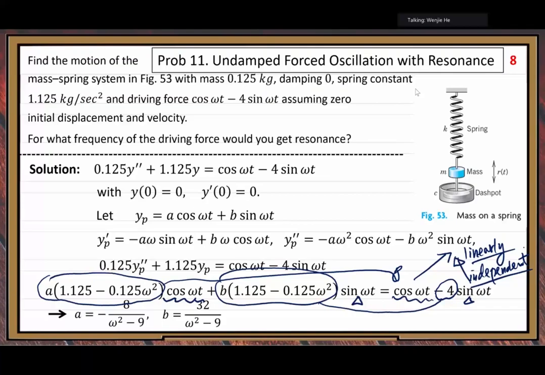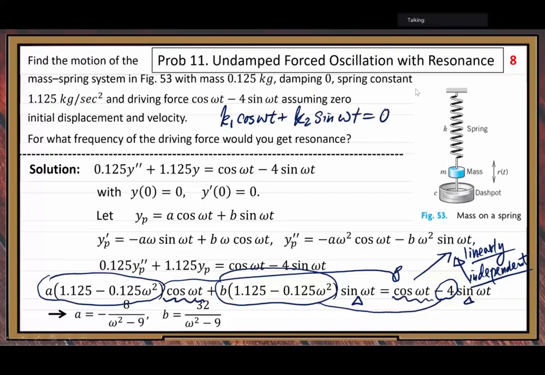Remember K1, K2? Think about it: we move the cosine function from the right-hand side to the left-hand side by subtraction, and the sine function too. You get K1 cosine omega t plus K2 sine omega t equals 0.